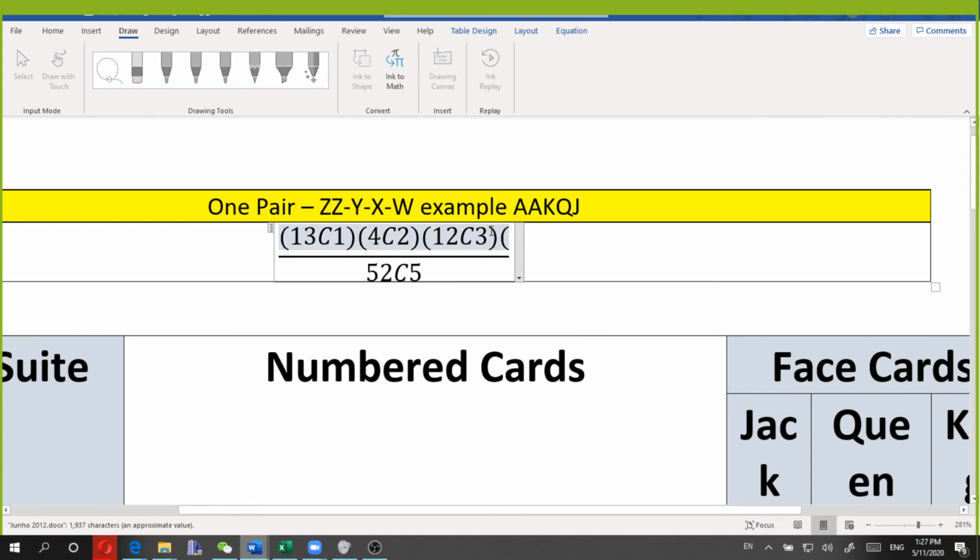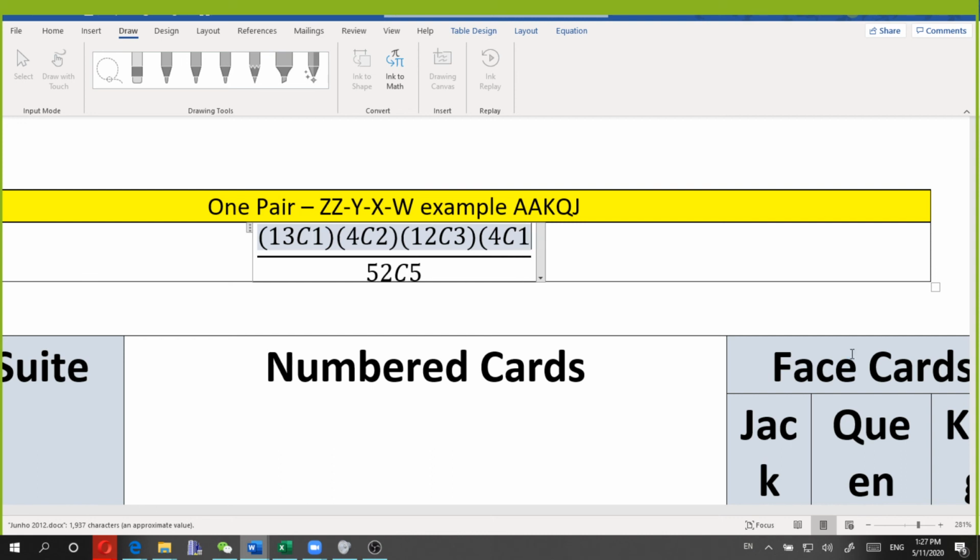For each of them. So we're looking at the king, queen, and jack now, for example. This is Y, X, and W. How many kings are still in the deck? 4. Okay, and how many do you want in your hand? 1.